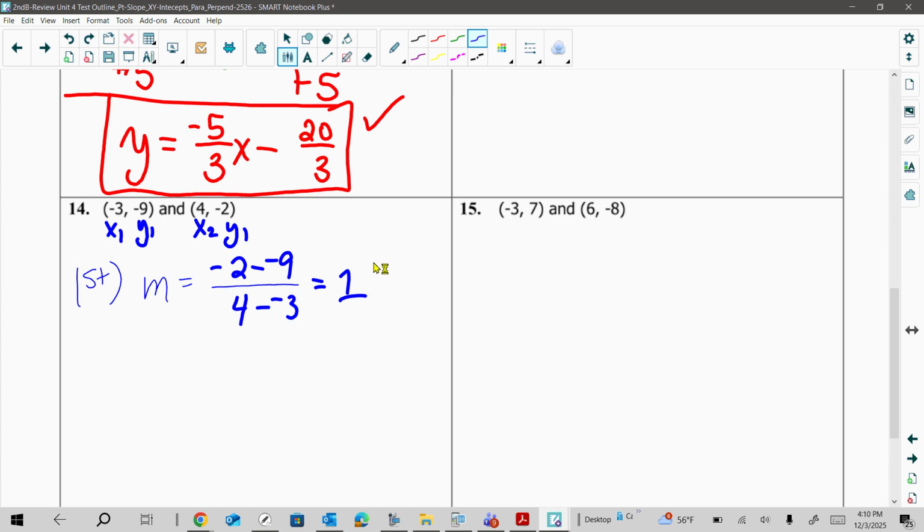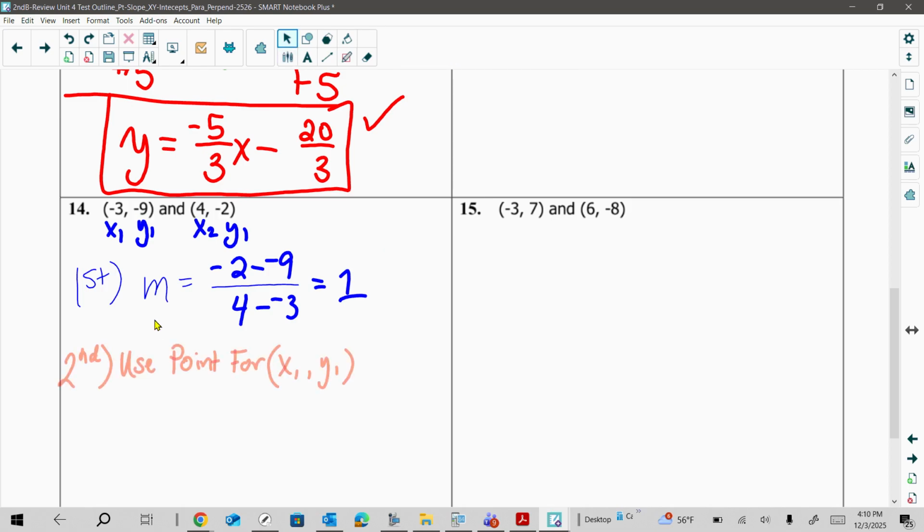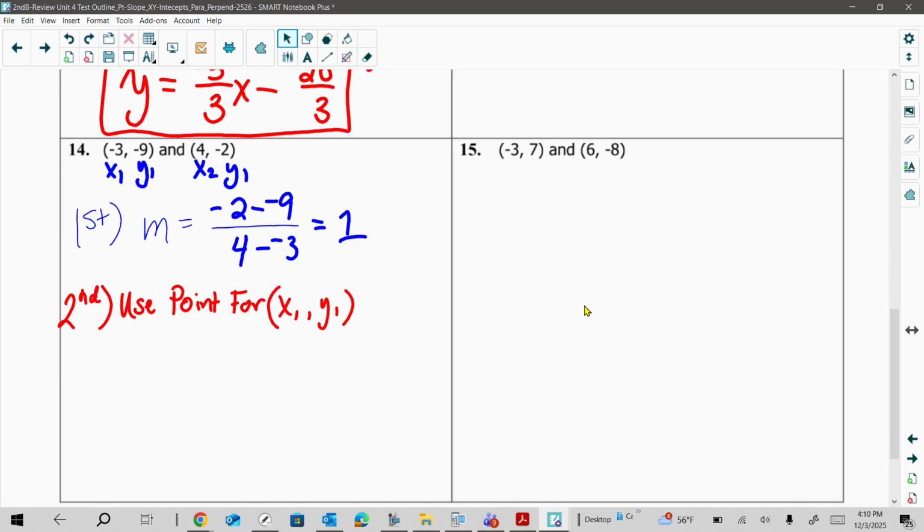And then the next thing we want is to use a point, this very first point, for our point slope form. So when I plug this in, I'm going to have y minus -9.